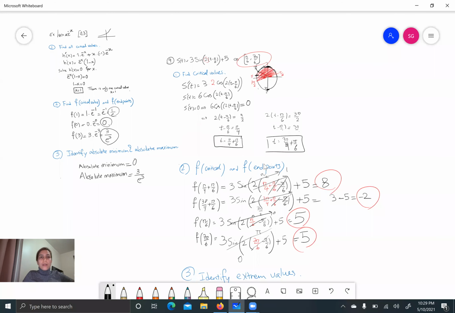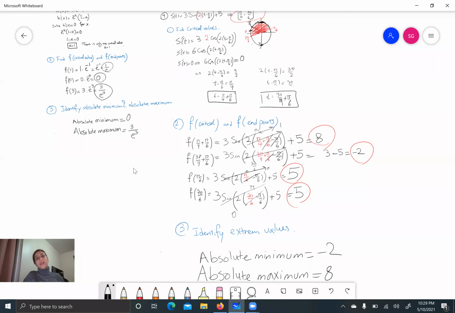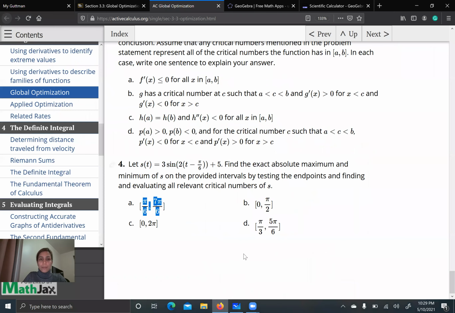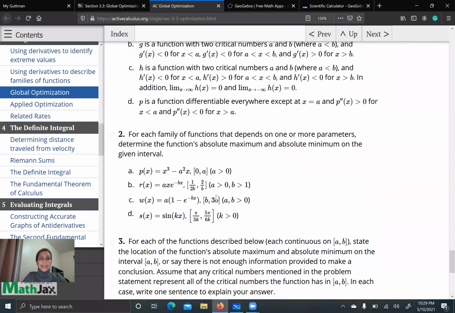So as you can see, the process is the same, no matter what the function or the interval is. First find the critical values, then evaluate f at critical values and endpoints, finally identify the absolute extreme values. So that's it. You just need to have practice in order to master this concept.